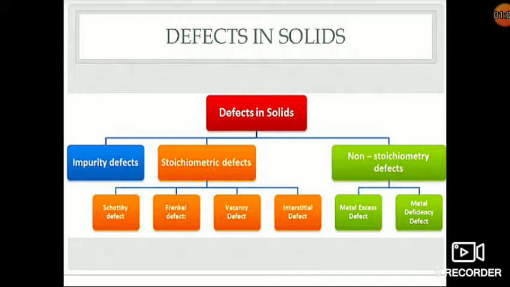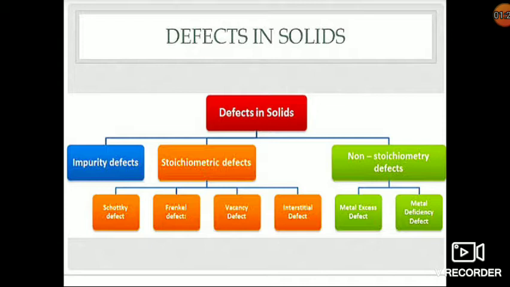Today we are going to talk about defects in solids, which are of two types: point defect and line defect. A point defect is some anomaly that happens around a point.